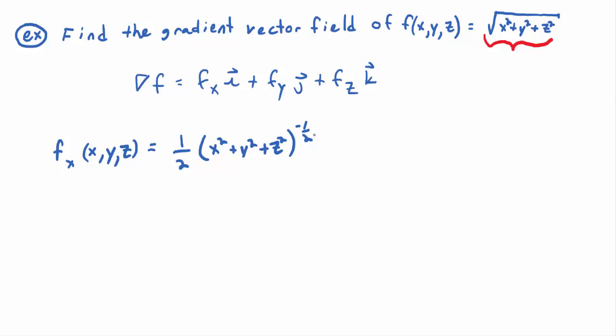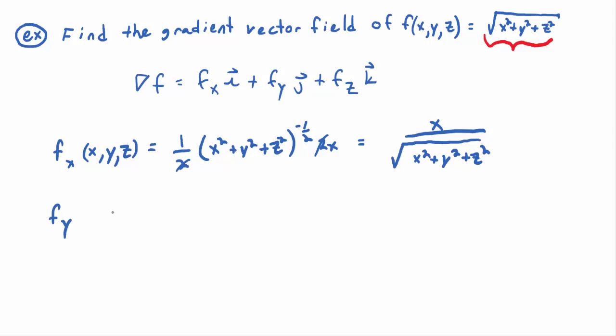Subtract 1, and then multiply by the derivative of what's inside by the chain rule, which would just be 2x. Or the 2's would cancel, and you could write this with x on top over the square root of x squared plus y squared plus z squared on the bottom.